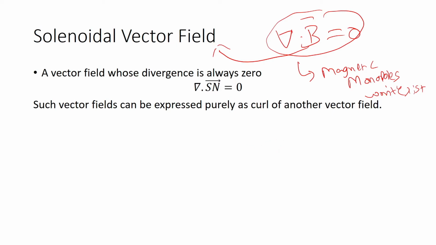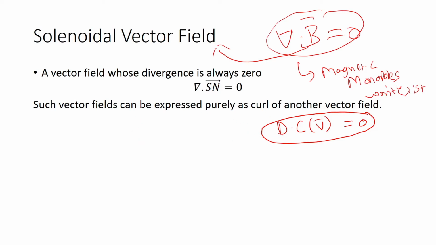The reason behind this is that divergence of curl of a vector field is always 0. Because divergence of curl of a vector field is always 0, if you have a vector field whose divergence is always 0, that means that vector field must have been curl of another vector field. I am repeating the point.